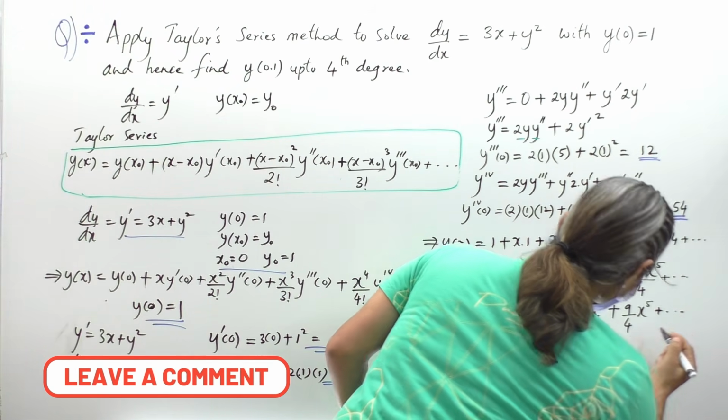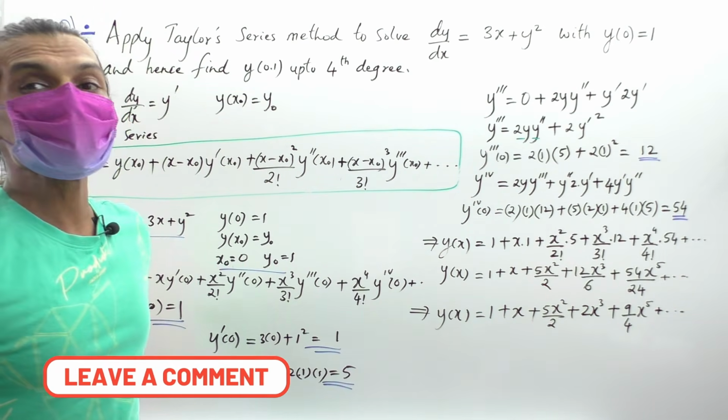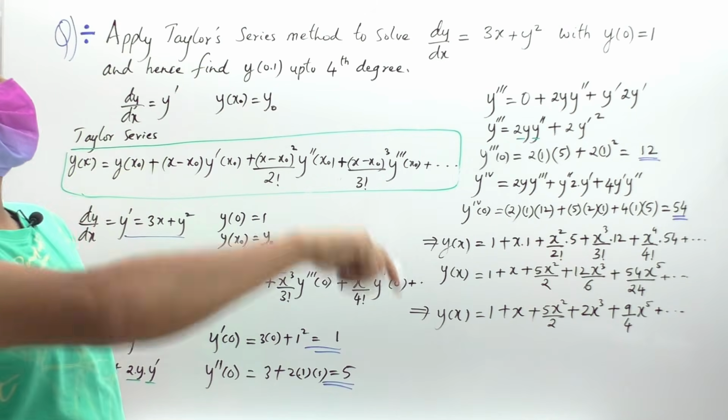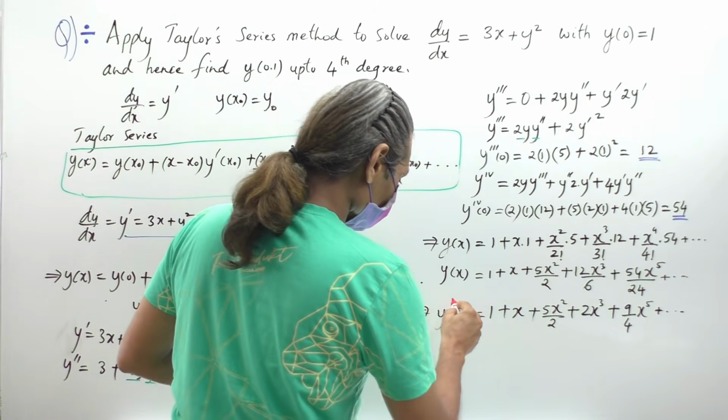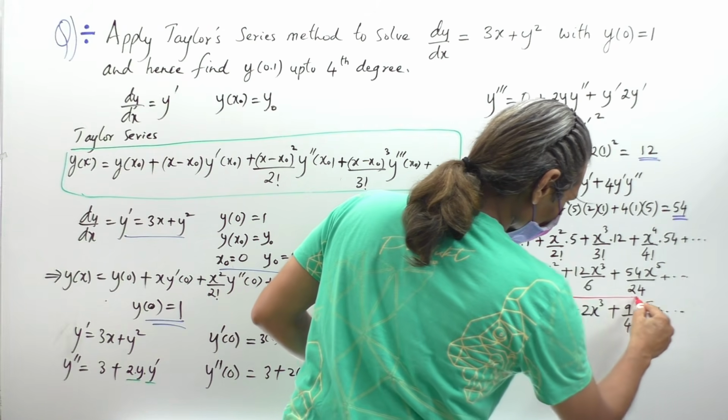This is the Taylor series expansion up to 4 degree for dy by dx equals 3x plus y square. That's the solution here. Beautiful.